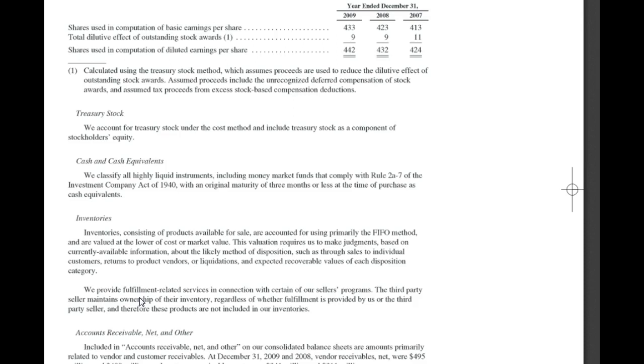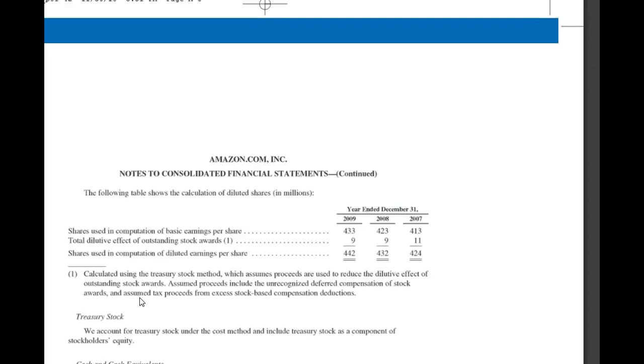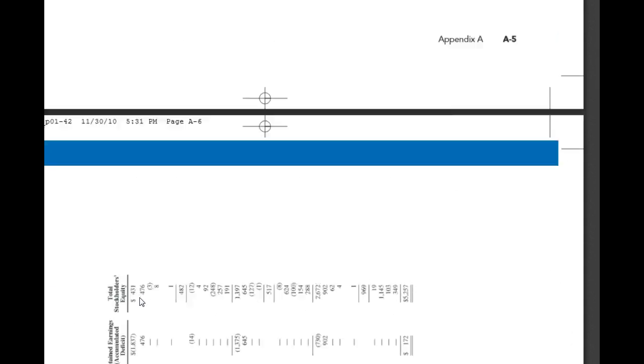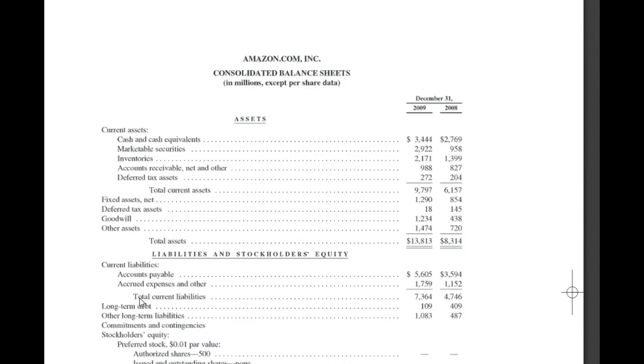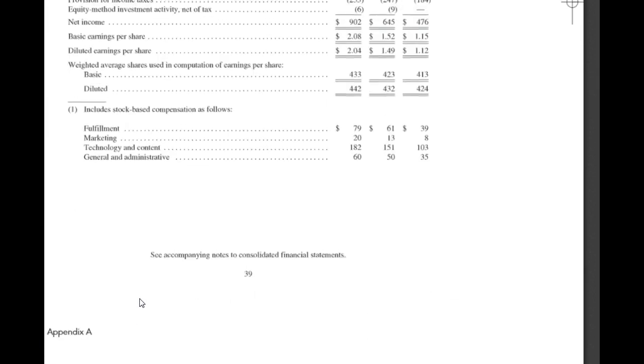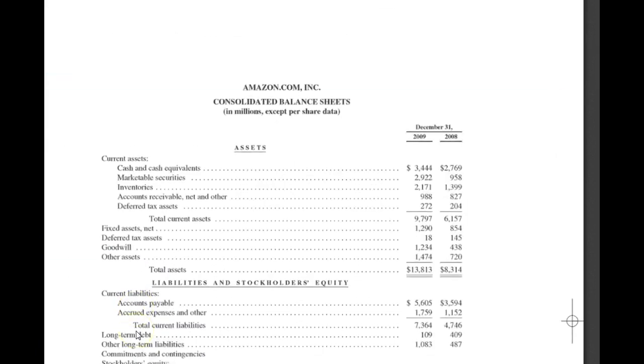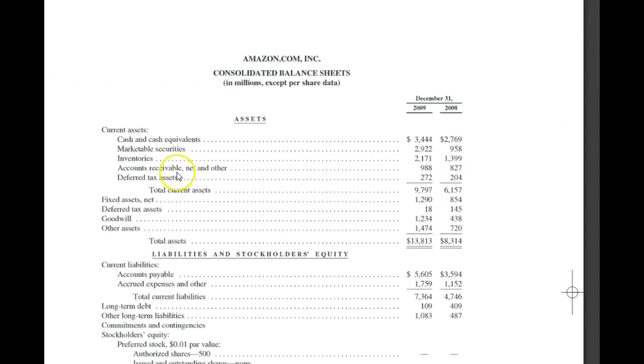So, what we need to do is find all the variables we need. We need beginning inventory to begin with, which I'm going to find where? In the balance sheet. There's my income statement, and here's my balance sheet. So what was the beginning inventory in 2008?